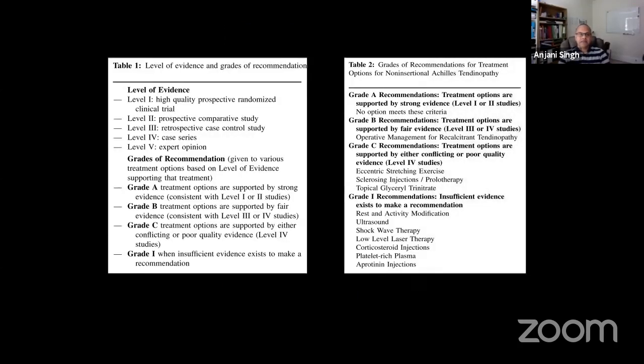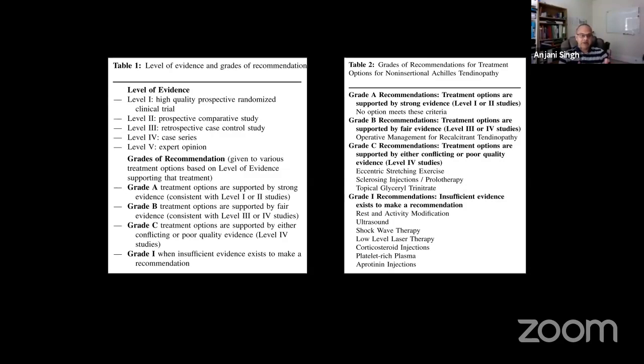So just looking at the level of evidence, I've been alluding to different treatment methodologies, and this is what the scientific literature is about. As you see on the slide on the left, there are various levels of evidence, with the hierarchy of scientific evidence from level 1, which is randomized control trial, to level 5, which is more anecdotal experience.